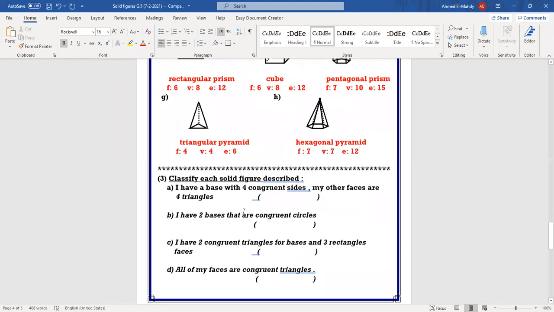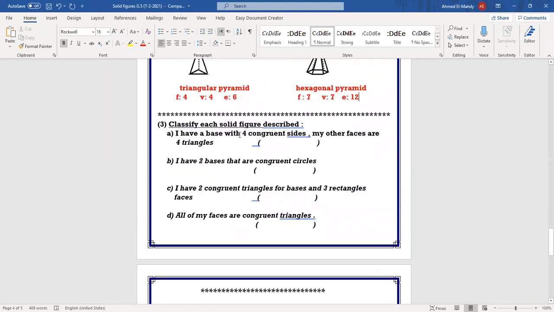And to find the number of edges, we multiply 6 by 2, it will be 12. Now, exercise number 3. Classify each solid figure described. I have a base with 4 congruent sides. It has only one base, and this base has 4 congruent sides, has 4 equal sides, and my other faces are 4 triangles. What is this solid?